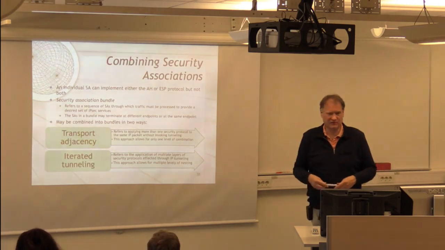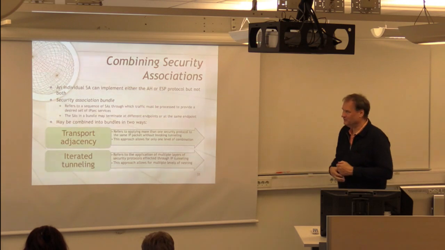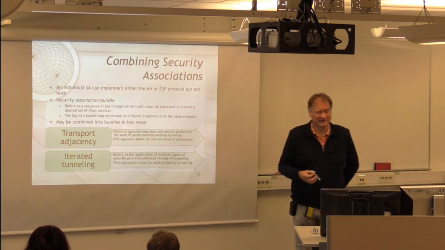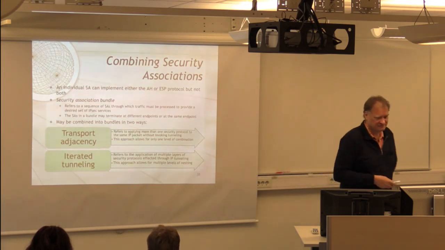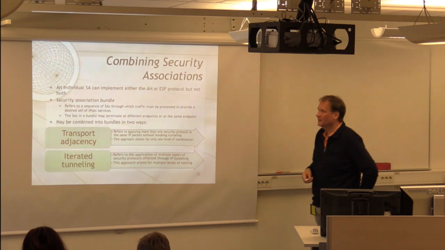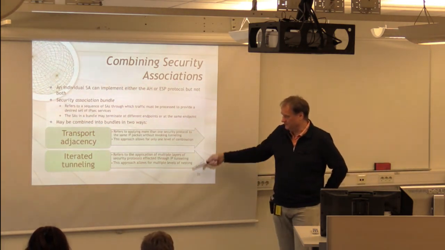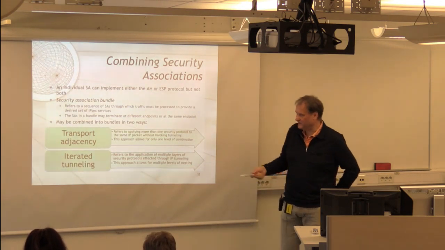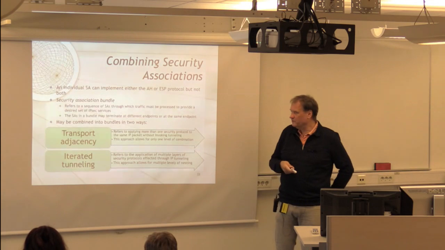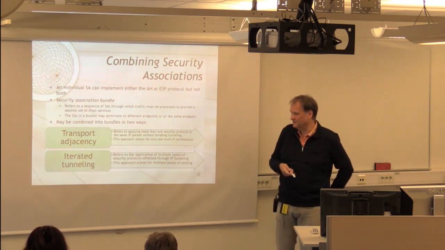Now let's make it a little bit more complex. Well, actually, it is quite complex already, but what we can do is combine security associations to make it even more secure. And we can combine them into what's called bundles, and there are two different types of bundles. As you see, transport adjacency refers to applying more than one security protocol to the same IP packet without invoking tunneling.